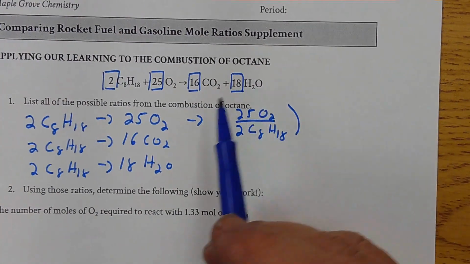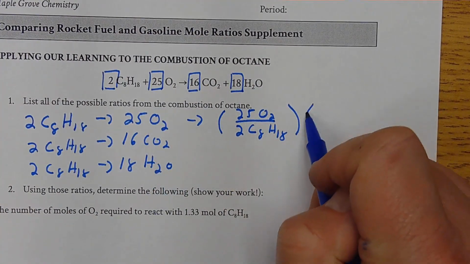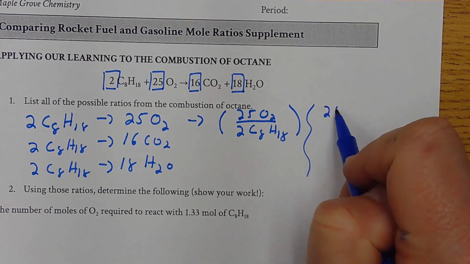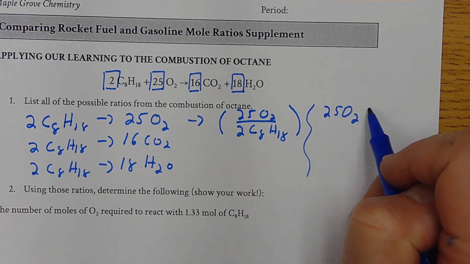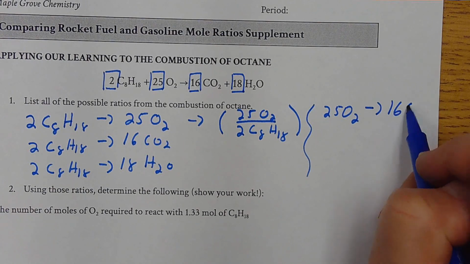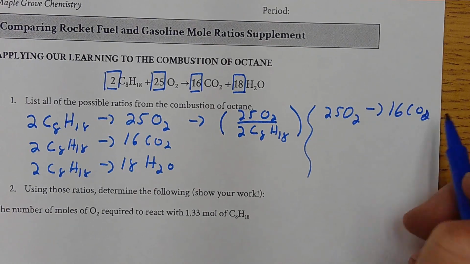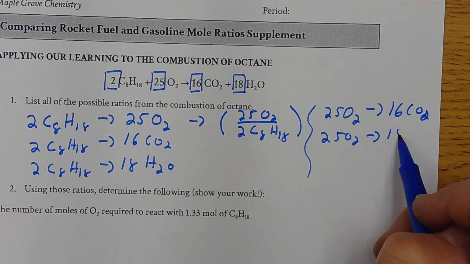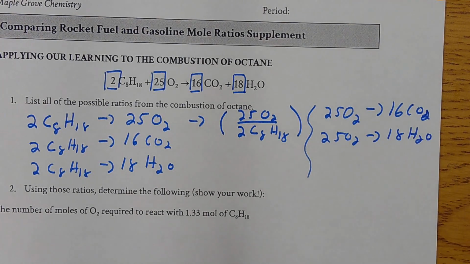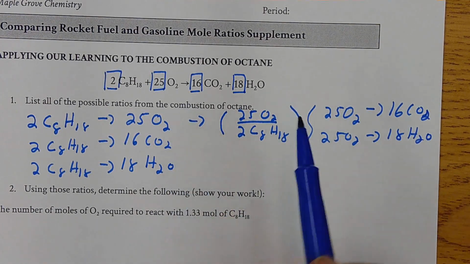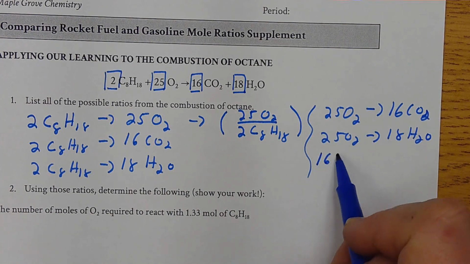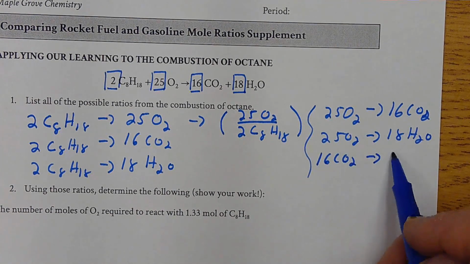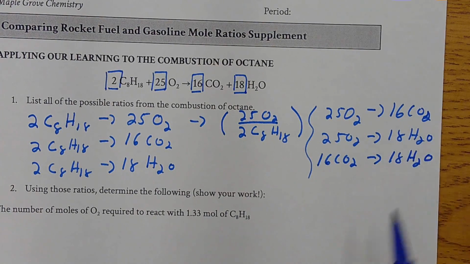Or another combination I could have is 25 oxygens for every 16 CO2s, or 25 oxygens for every 18 waters, all right? And then the last combination would be 16 CO2s for every 18 H2Os, okay?